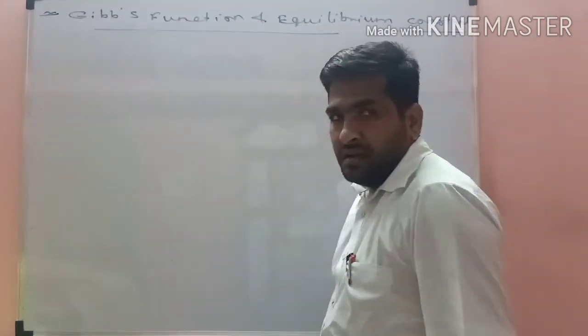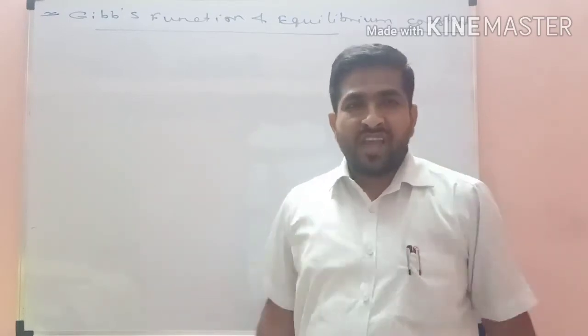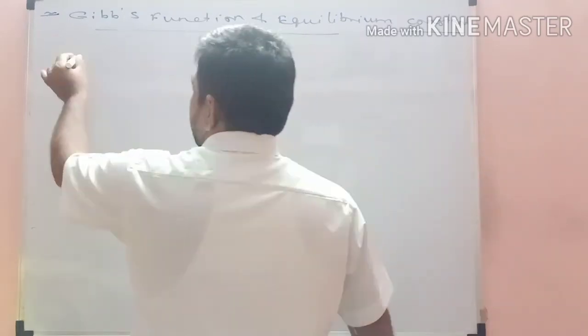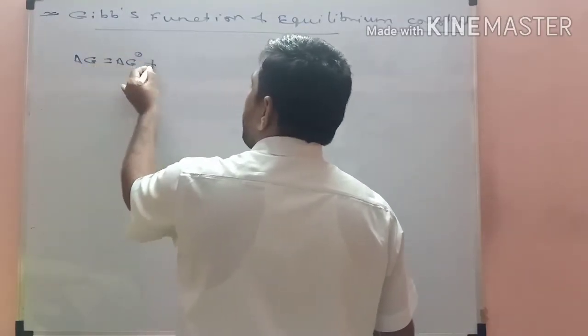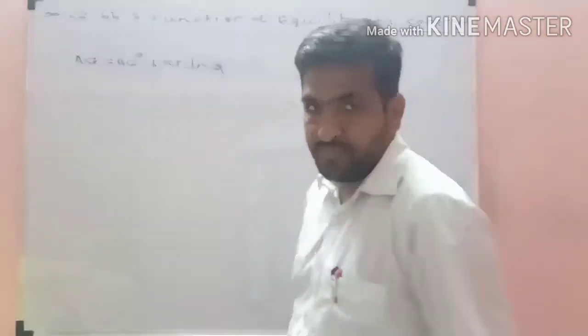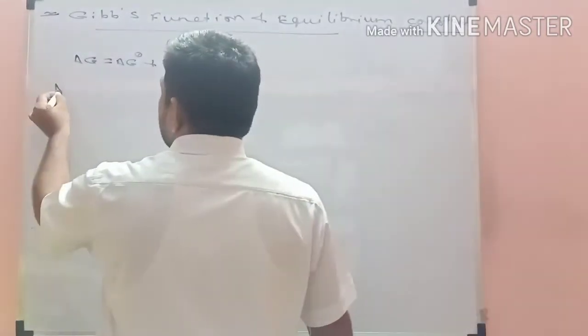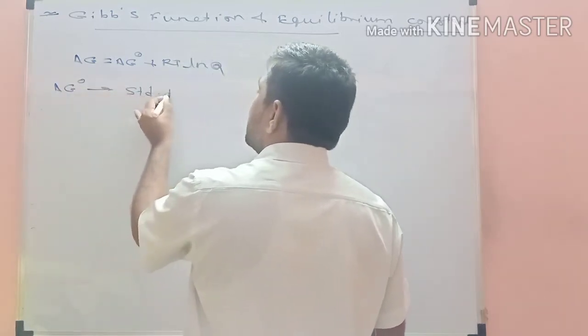Okay, now listen carefully. The Gibbs energy change of the reaction is delta G equals delta G0 plus RT ln Q, where delta G0 is the standard Gibbs free energy change.